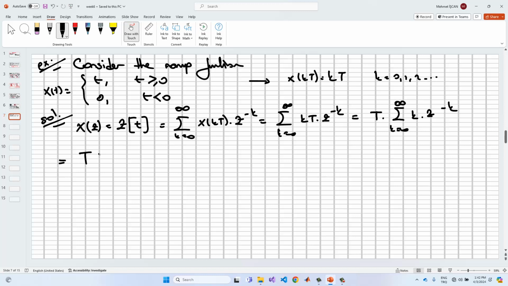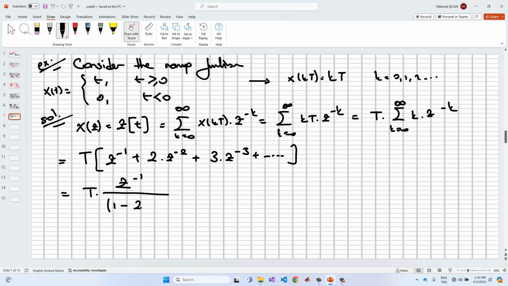It's equal to T parenthesis z minus 1 plus 2 z minus 2 plus 3 z minus 3 and so on. And so this yields us, by utilizing the infinite series solution, T times z minus 1 divided by 1 minus z minus 1 squared, or in another term, T multiplied by z over z minus 1 squared.